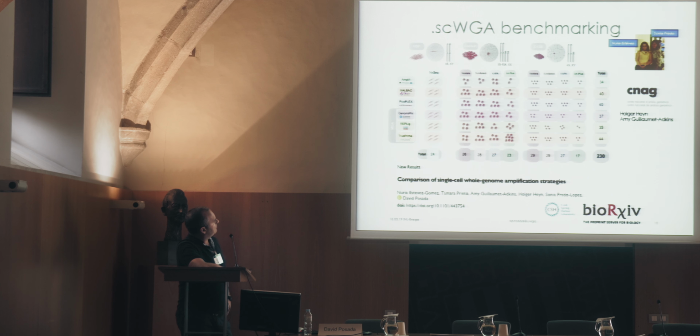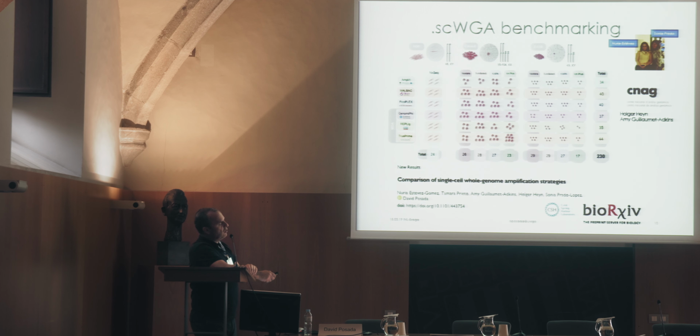So I just put this slide because Holger was here this morning and it reminded me of that. We have this paper now in second round review, it's on bioRxiv, and it's wet lab experiments we've been doing the last 2 years to check which are the best protocols to avoid these biases, okay? Different kits have different properties. Some are better for allelic dropout, some are better for amplification error, therefore some are better for copy numbers, some are better for single nucleotide variation.